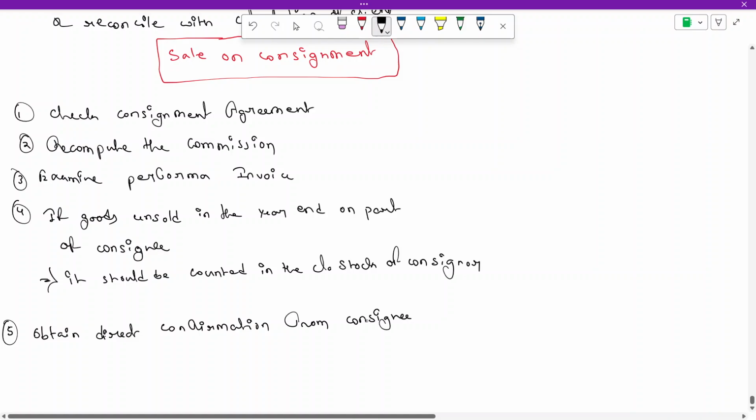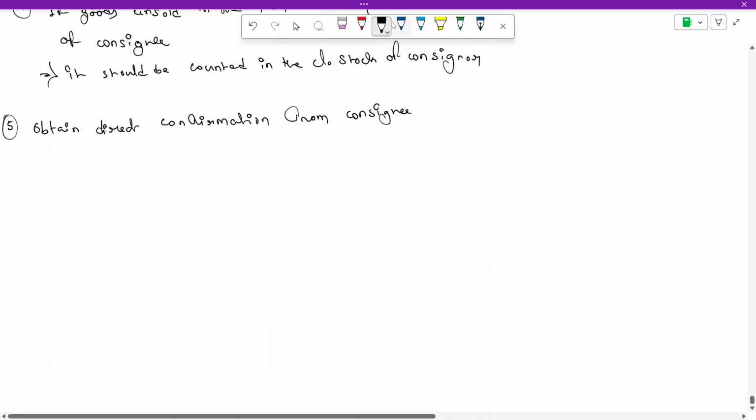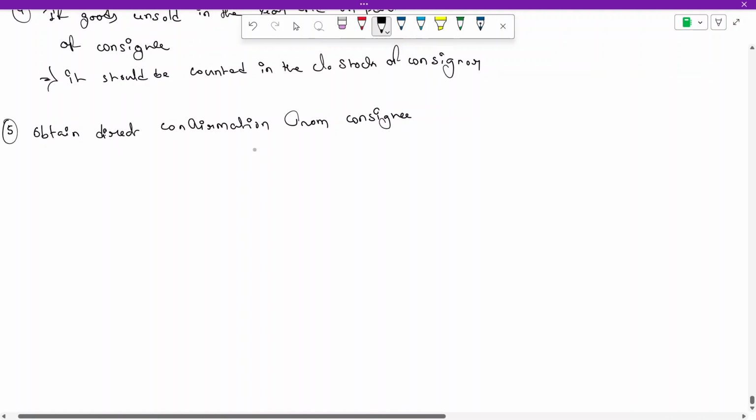Now comes the expenses part. First expense will be employee benefit expense.